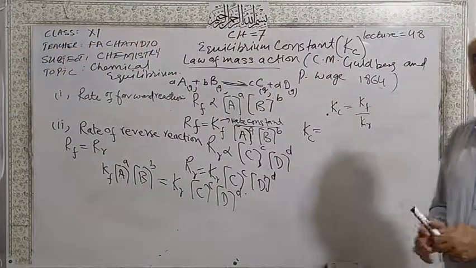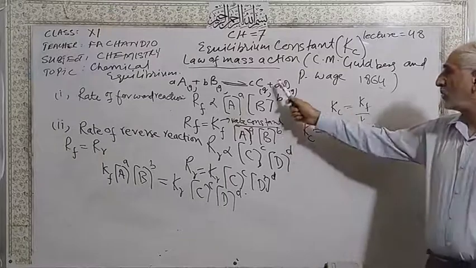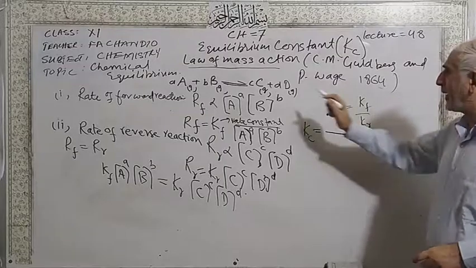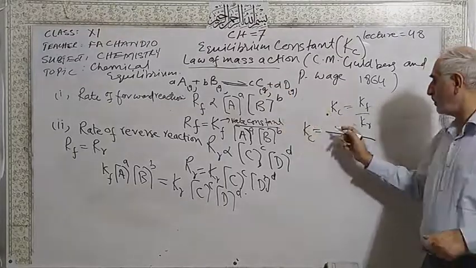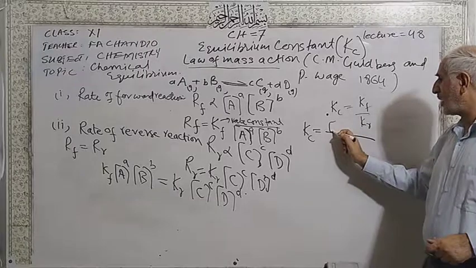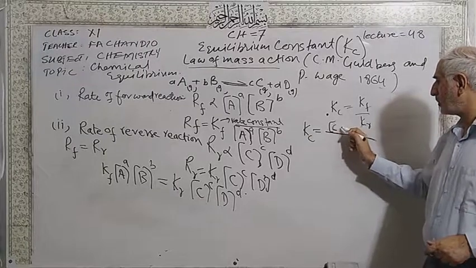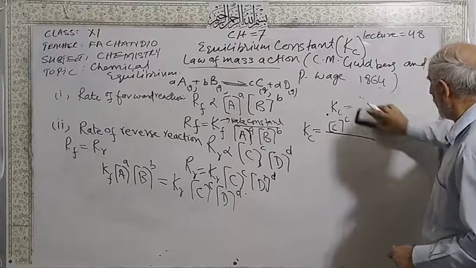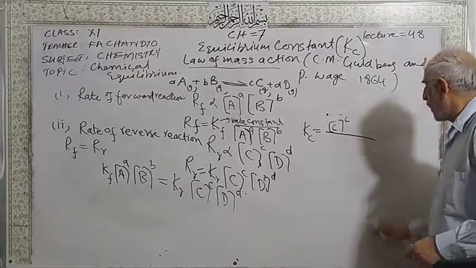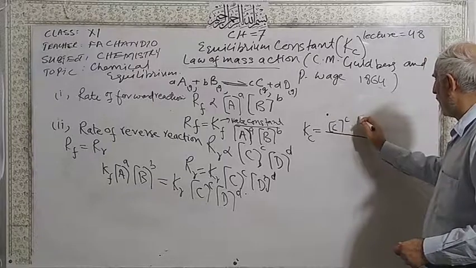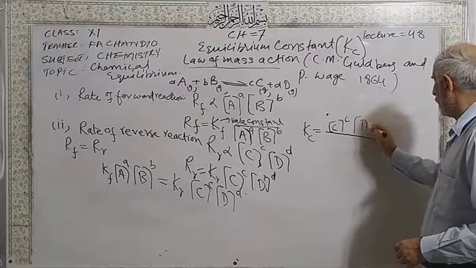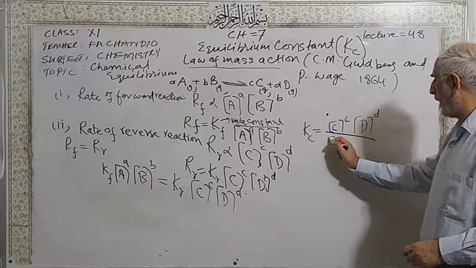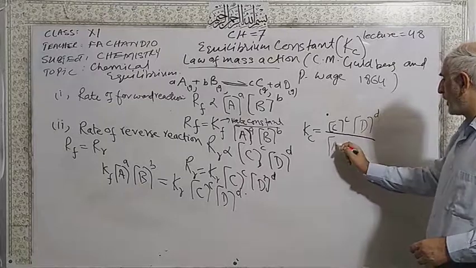But when you write it in one expression, you should mind that the concentrations of the products must appear on the numerator side, divided by the concentrations of the reactants.